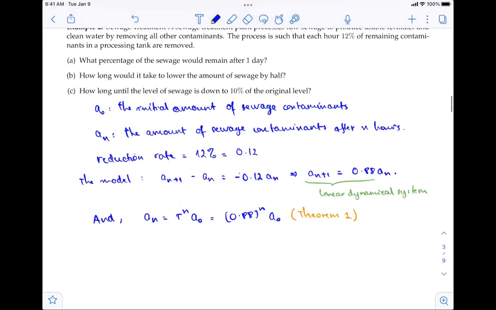Okay, now we have the formula for the model. We go to the questions. What percentage of the sewage could remain after 1 day?